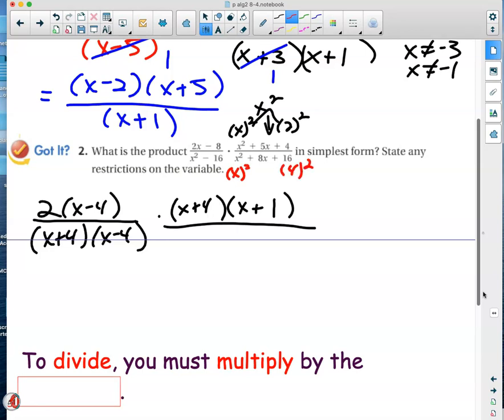This is 4 squared. If you take x times 4 and double it, what do you get? This is a perfect square trinomial. Now that means we could write it as x plus 4, the quantity squared.